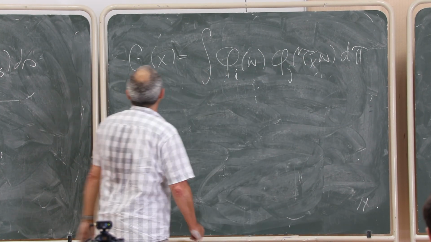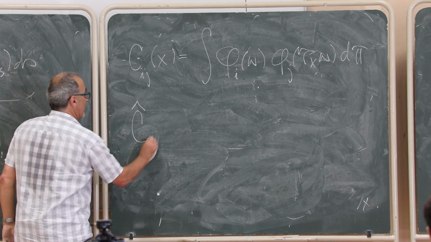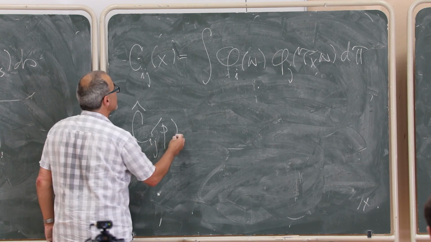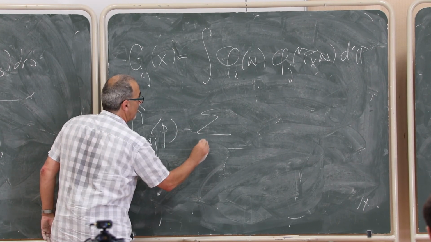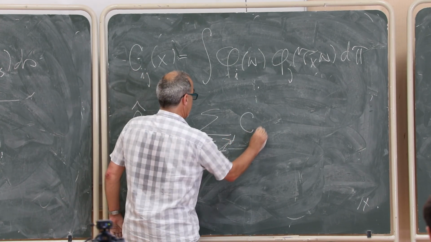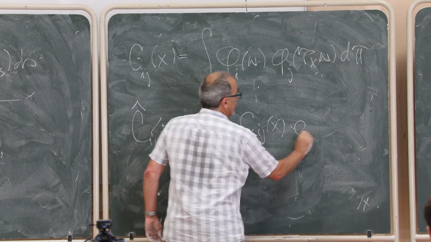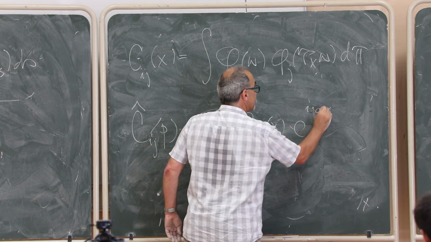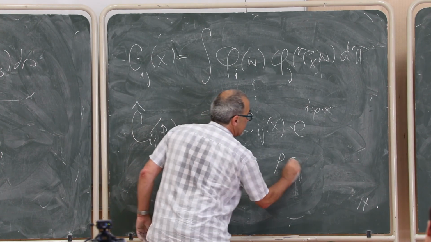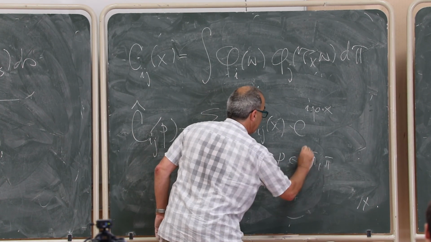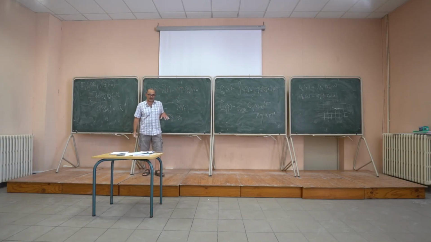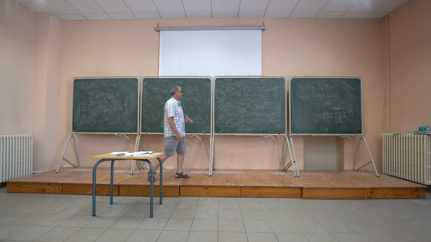Denote its Fourier transform, this hat is for Fourier transform, so that's the sum over x in Z^d of C^{ij}(x) e^{i p·x}, scalar product, where p is in [-pi, pi]^d. This is the Fourier transform of a lattice field, right?